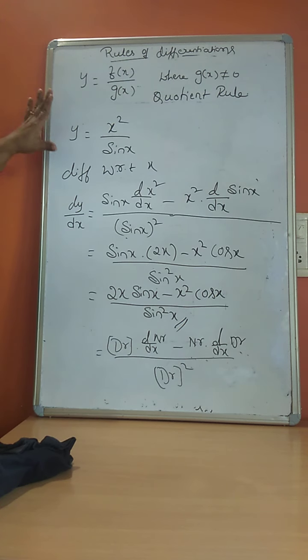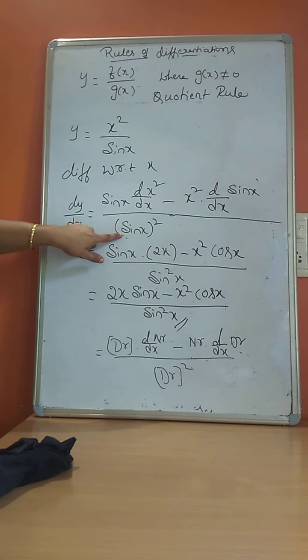Observe carefully. If y is equal to x square divided by sin x, or maybe sin x by x square, this method is known as the quotient rule. Differentiate with respect to x. How to differentiate? If sum is there, split the term and differentiate. If product is there, first function into differentiation of second function plus second function into differentiation of first function, finished. If the given function is in quotient form, how to differentiate? See, denominator square.